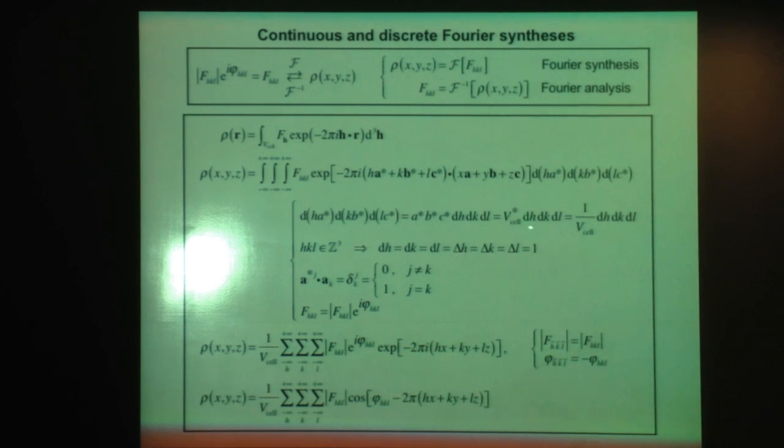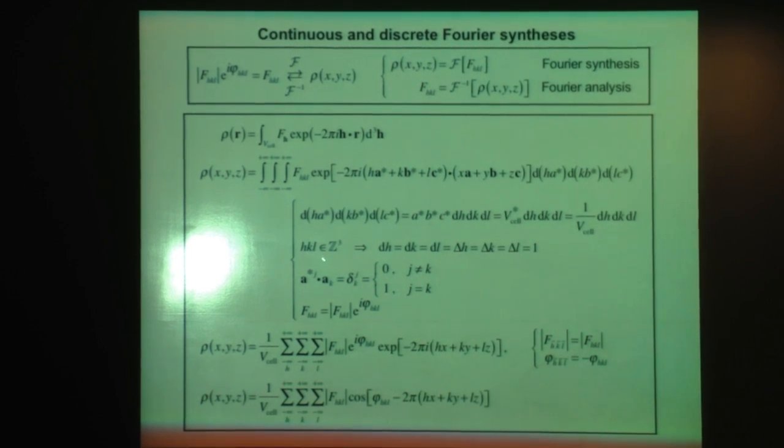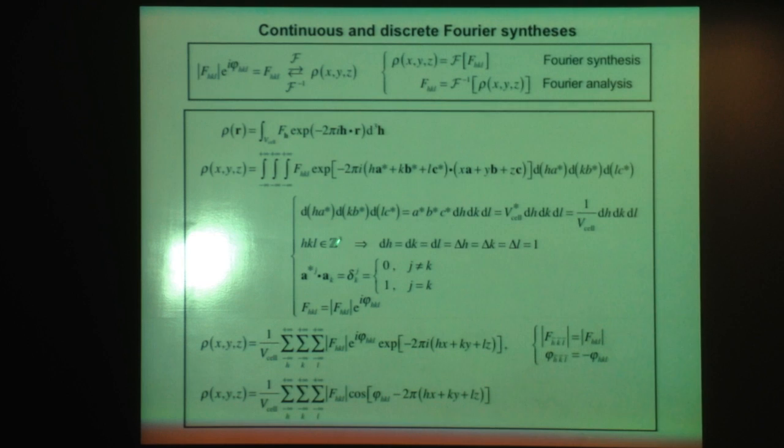Then we're down to dh dk dl, okay? And h, k, and l are just integer numbers. So that means that hkl belongs to the integer 3-space, that the dh, dk, dl, that is a change from one value of h to the next one, k to the next, it's in intervals of 1. These are the differences in integers, they're going to be differing by 1.